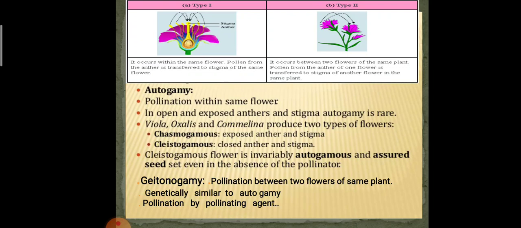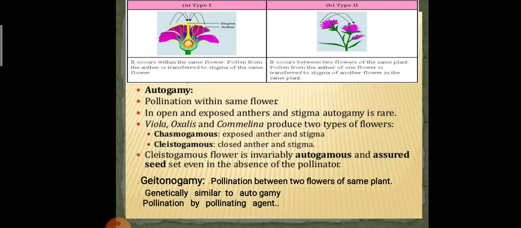What is autogamy? How does autogamy take place? The name autogamy indicates that pollination takes place automatically, directly within that flower. You can easily observe that pollination takes place within the same flower, and it takes place because of a few circumstances: chasmogamous flowers, clistogamous flowers, or bird pollination. What is meant by chasmogamous?